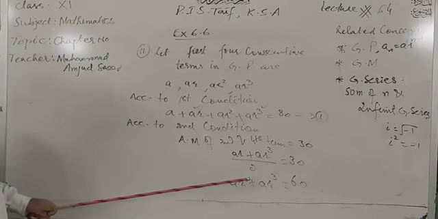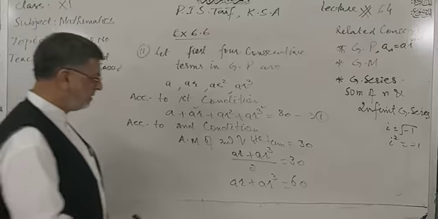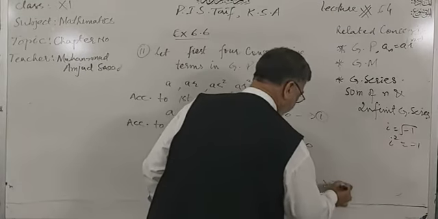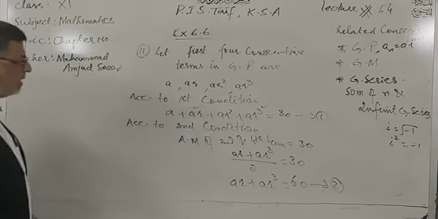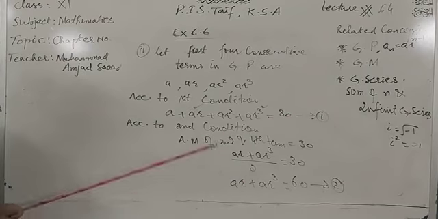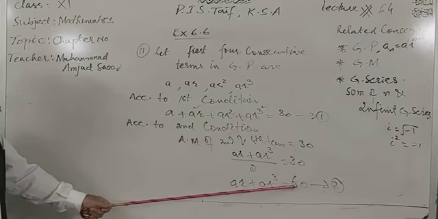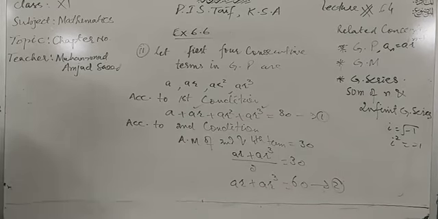Now we can write down this equation number 2 using equation 2 and equation number 1. Instead of AR plus AR cube, we will apply 60.